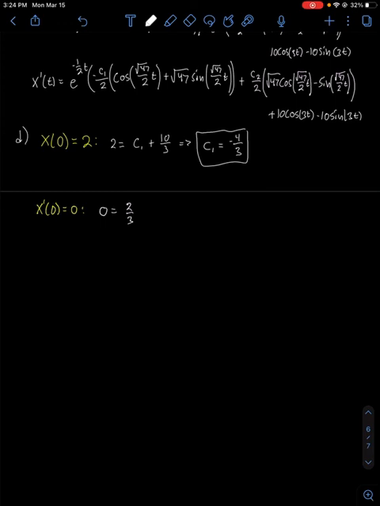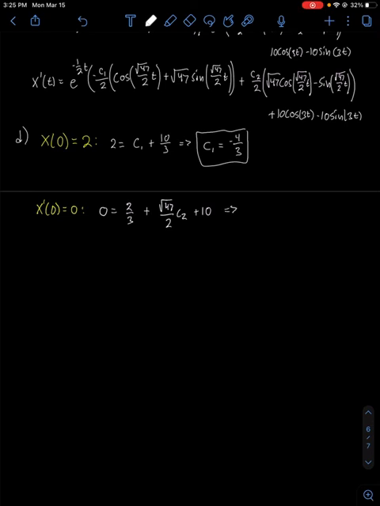It's going to be cosine of 0 is going to be 1 times the square root of 47. So we have the square root of 47 over 2 c2 minus sine of 0 is 0, plus 10 times cosine of 0 is 1, minus 10 times sine of 0 is 0.